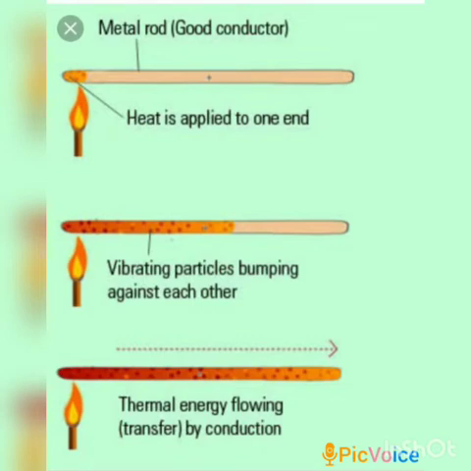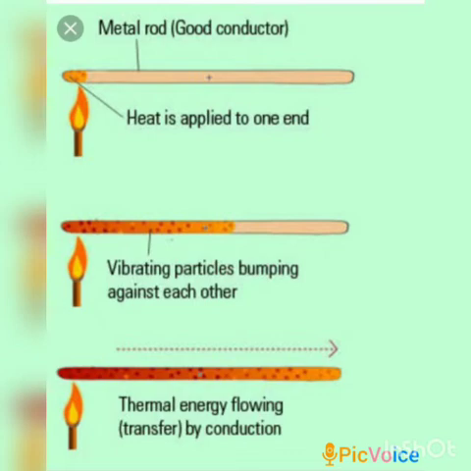Now students, we are going to discuss conduction, and this is the most significant method of transfer of heat in solids. In this method, heat is transferred from one particle of the object to the next and then to the next and so on, without the particles leaving their places. As you know, in solids the particles are closely packed together and, without actual movement of the particles, pass their vibration from one to another.